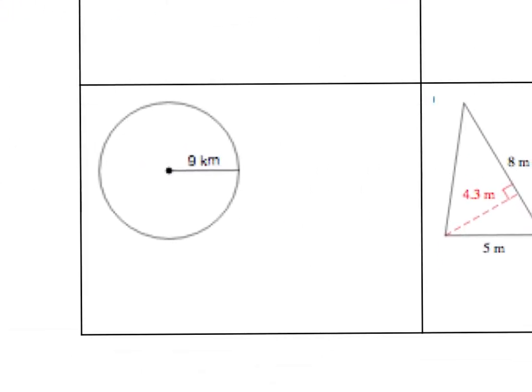All right, this one is obviously a circle. Did they give us the radius here or the diameter? Radius. So we are good to just plug in then. So we're going to do pi times 9 squared. So pi times 81. We'll definitely have to round this one to the nearest tenth since we're using pi.